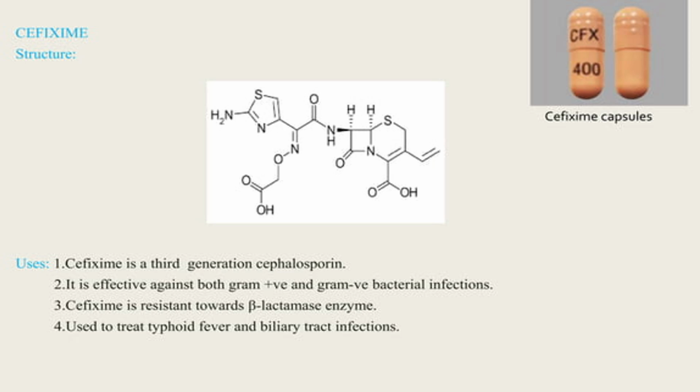We have already discussed that as we go from the first to the second, third, fourth, and fifth generation, they change their effectiveness, or alter their structure in such a way that they increase their spectrum of activity against gram-positive and gram-negative bacterial infection.